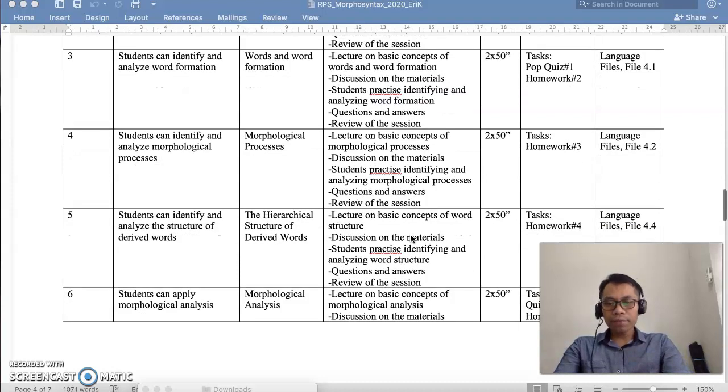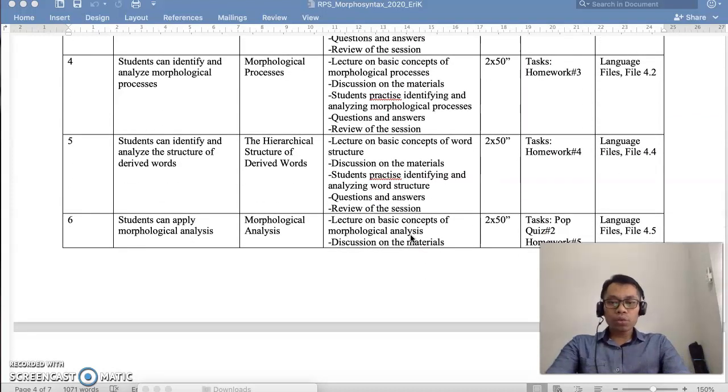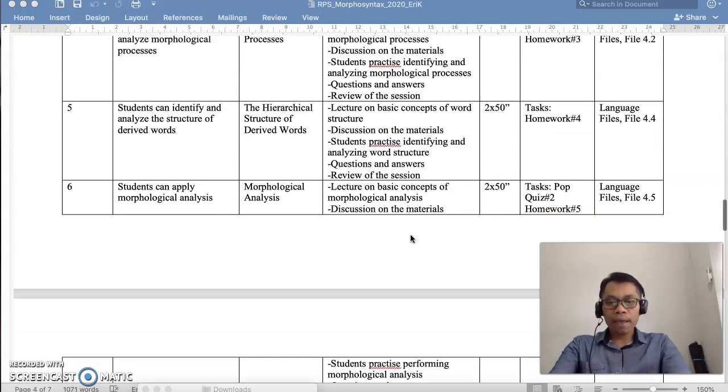In week 5, we'll talk about the hierarchical structure of derived words. What it means is a word is composed of a hierarchy or structure, and we're talking about complex words, and so it's interesting to see which is embedded in what.